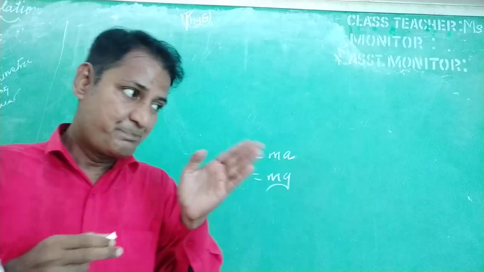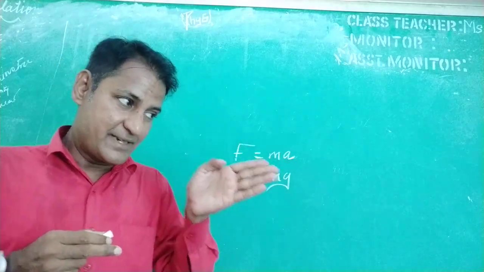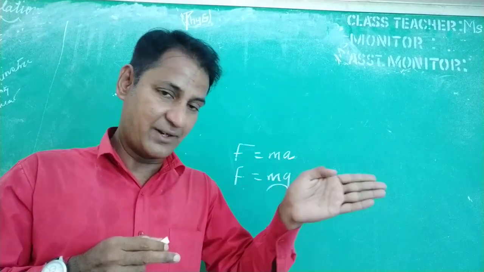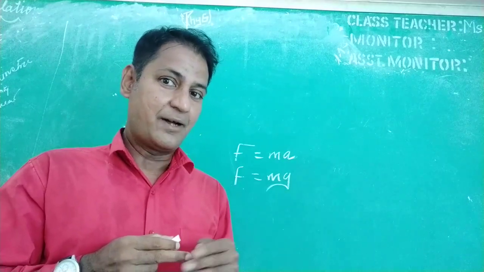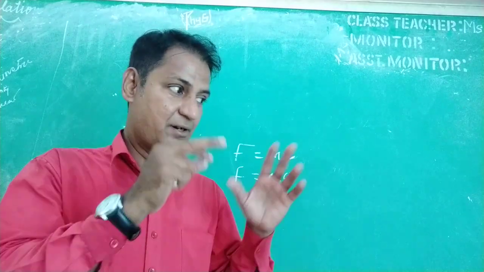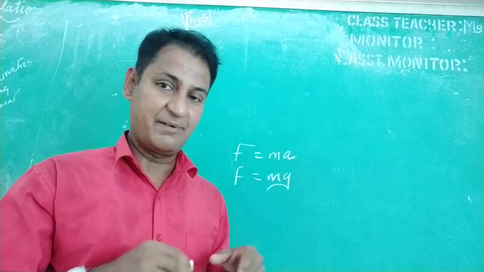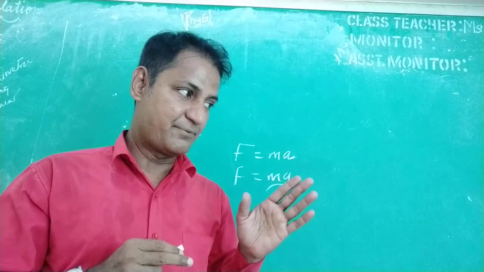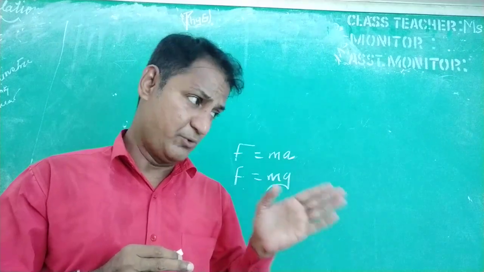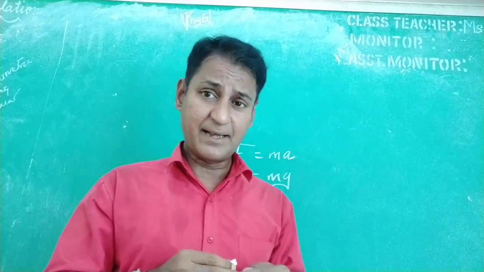So the change in velocity with respect to time in a straight line is called linear acceleration. And if m is the mass of the bike plus the person who is driving it, m into a is the force due to acceleration.